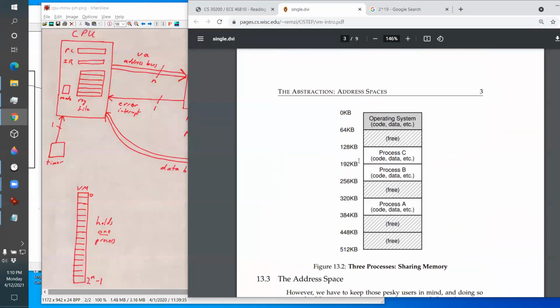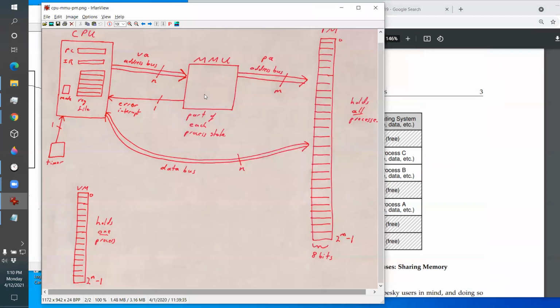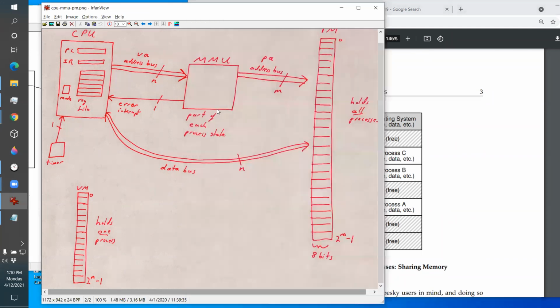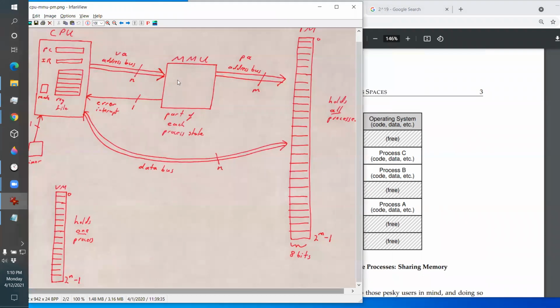Notice it'll use address 0 to execute the first instruction in process A, and address 0 to execute the first instruction in process B. But it's the memory management unit that translates virtual address 0 to this address for process B, and virtual address 0 to this address for process A.